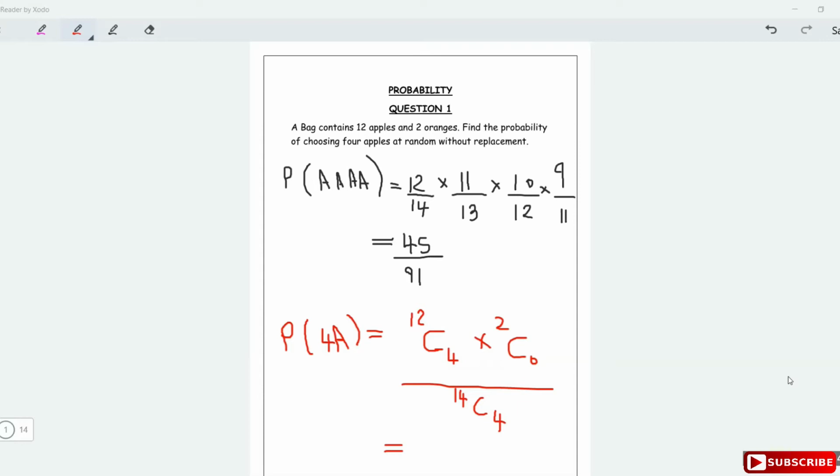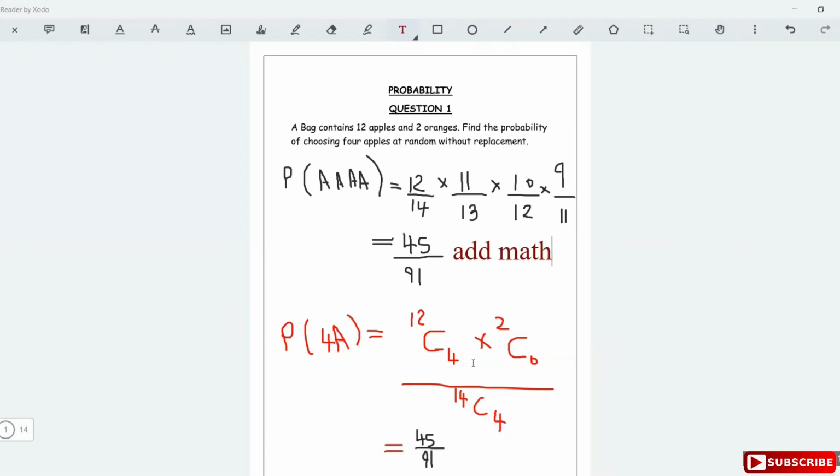There you go, same 45 out of 91. This also works out to be 45 over 91. Nice and easy. So of course, method 1 is more the add math way of doing it. And method 2 is more the pure math way. Nice and easy.